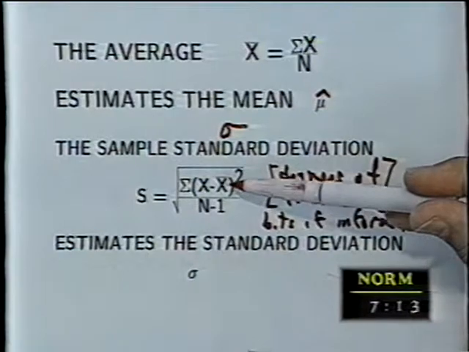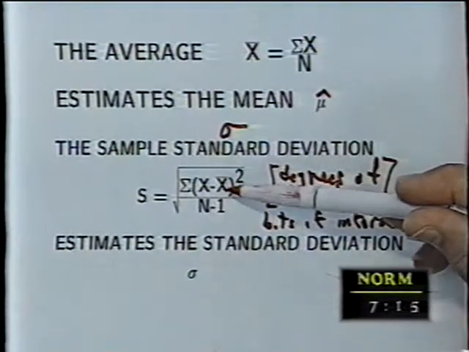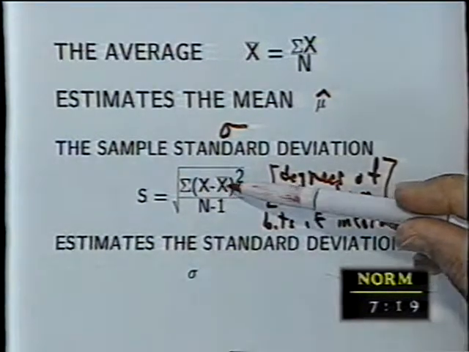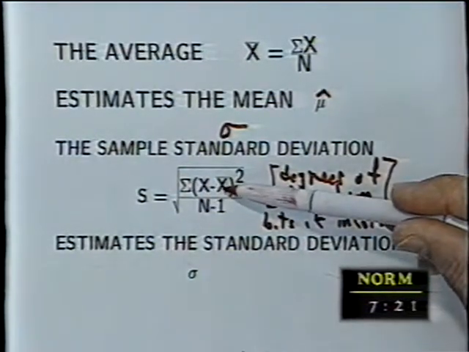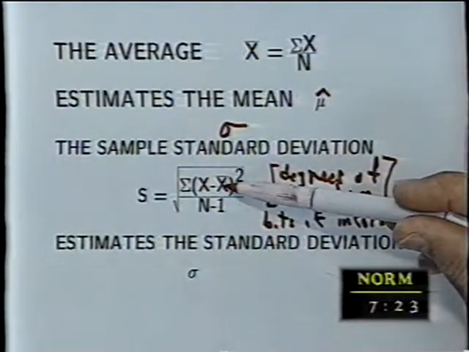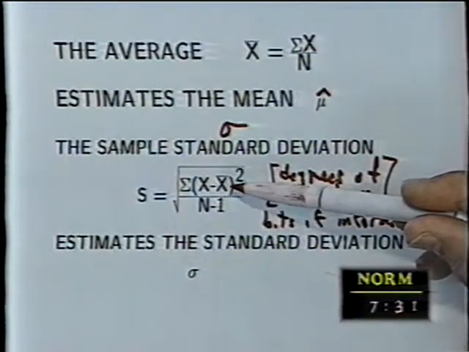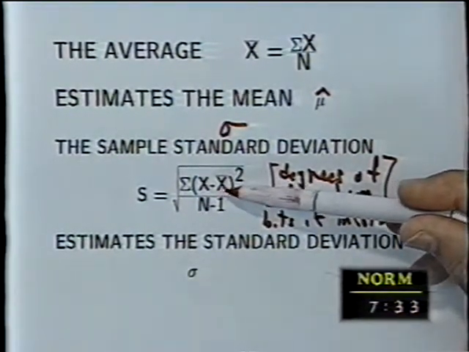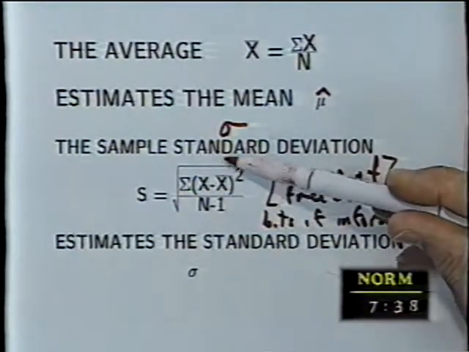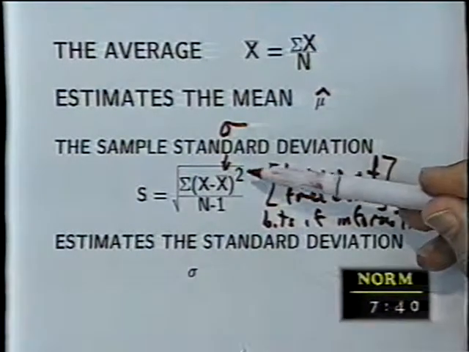When we use x bar, the estimate of mu, we're essentially using up a bit of information. Look at this: if I had 5 numbers and I knew what the average was, and someone gave me 4 of those numbers, I could figure out what the 5th number was. They're not independent bits of information. There's only 4 bits of information in a 5-number system, because the last bit of information is included in the average.